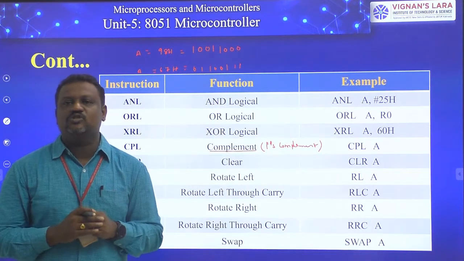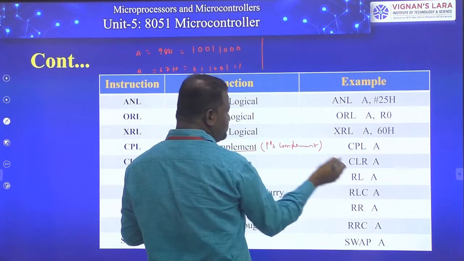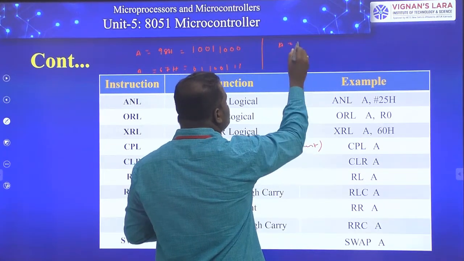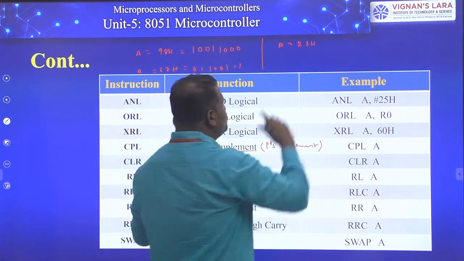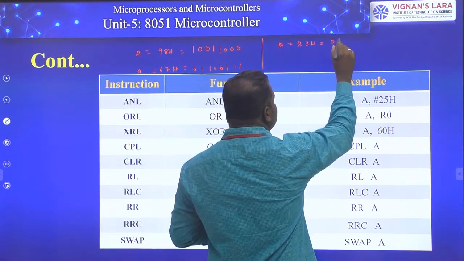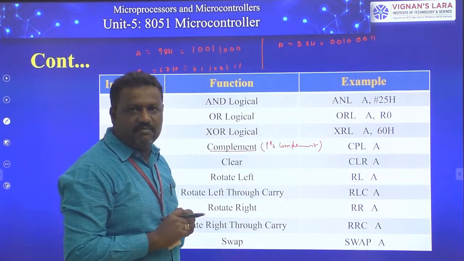See here, friends, before execution of this instruction, our A value is some 23H. What is the equivalent binary? 0010 0011. This is the 23H equivalent binary.